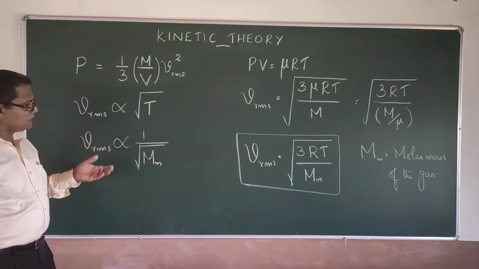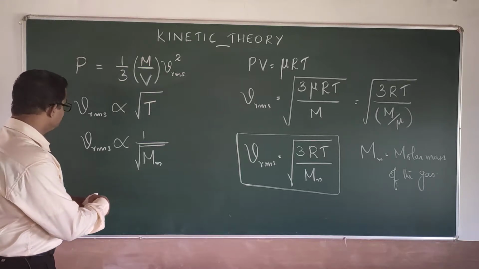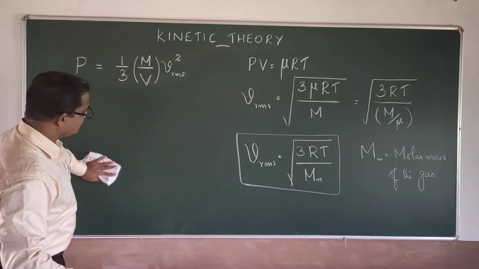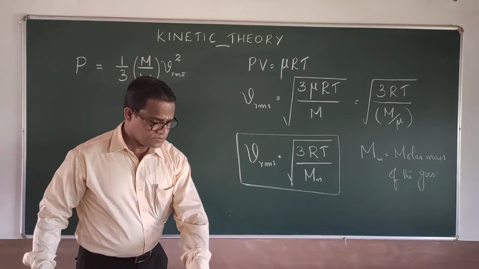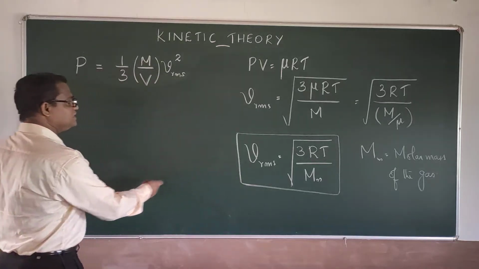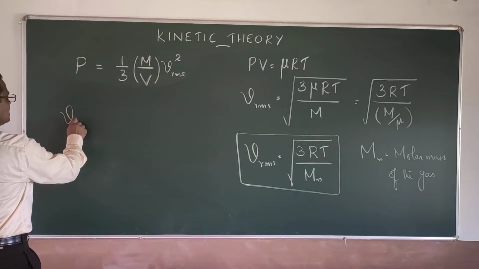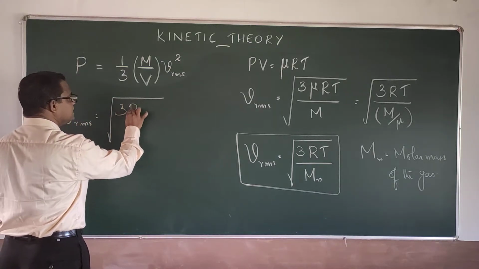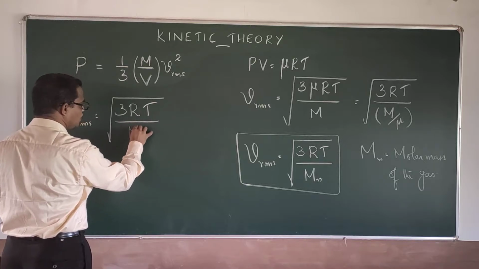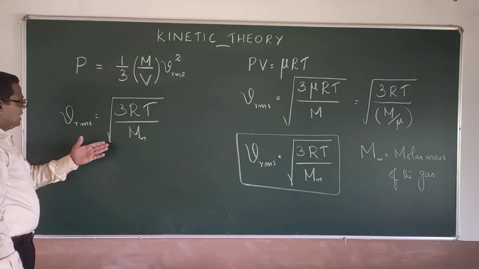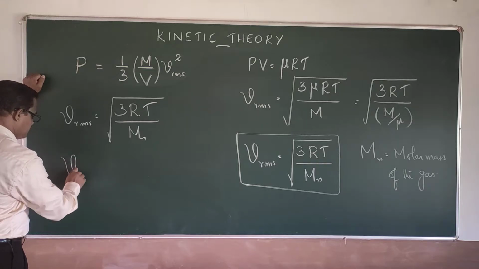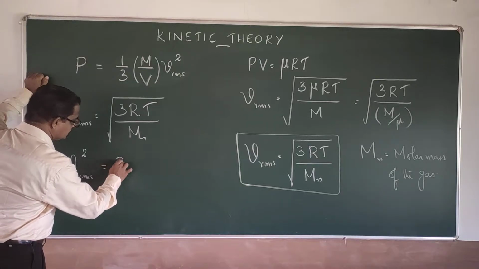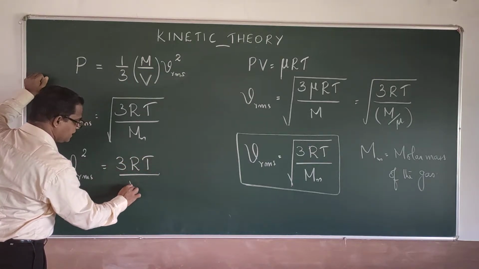Now let us continue with the formula we already got: Vrms is equal to the square root of 3 times gas constant and absolute temperature by molar mass. If I square this, we get Vrms square equal to 3RT divided by molar mass.